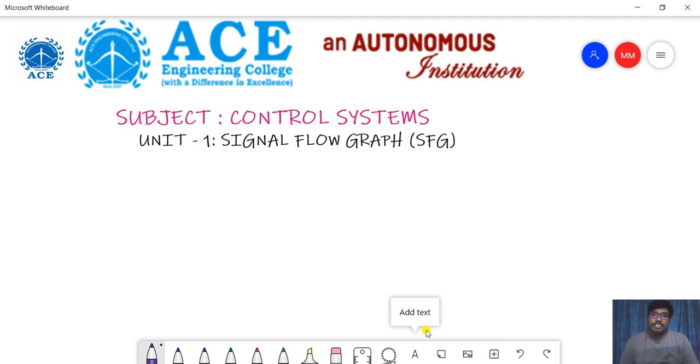Today we are going to discuss signal flow graphs, SFG, from unit 1, subject control systems. Now we'll see the basic terms and definitions of SFG.